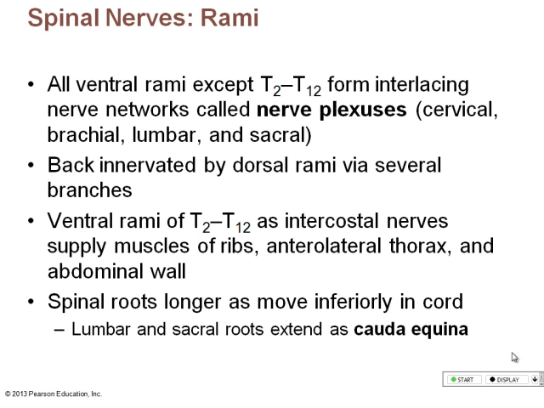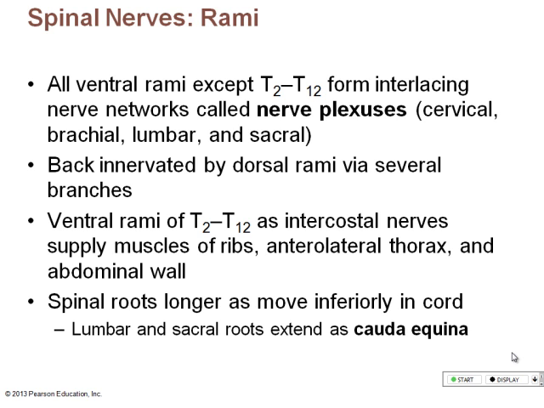So, some of the different groups of Rami that we're going to see: all ventral Rami, except for some of the thoracic ones, form a group of intertwining fibers called plexuses. We have a cervical plexus, brachial plexus, a lumbar, and a sacral plexus. I don't need to point out where those are at this point, I hope. Everybody knows where those are. Neck, what's brachial? Going out to where?